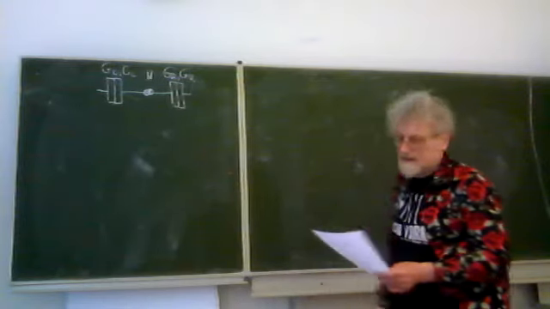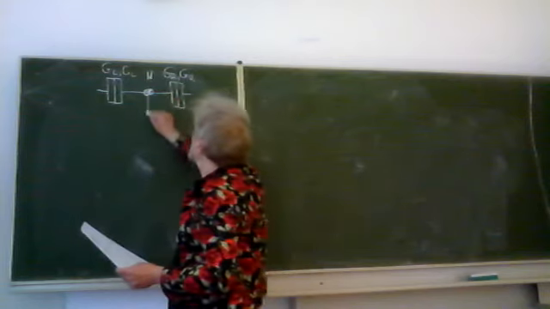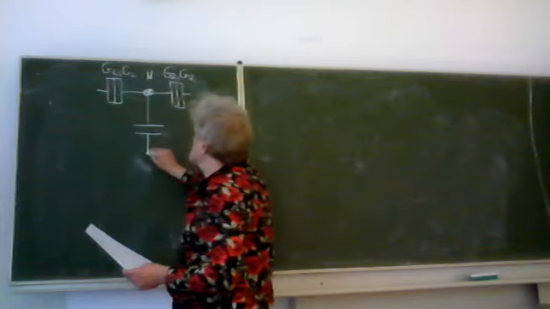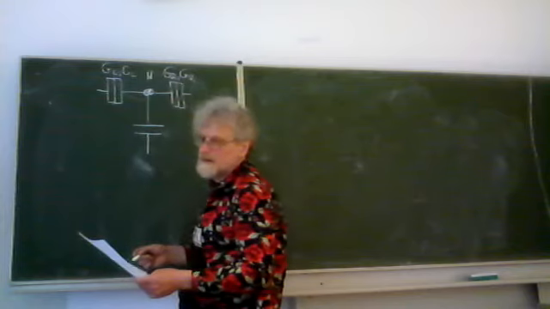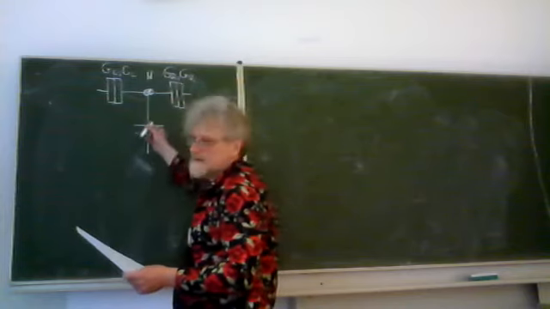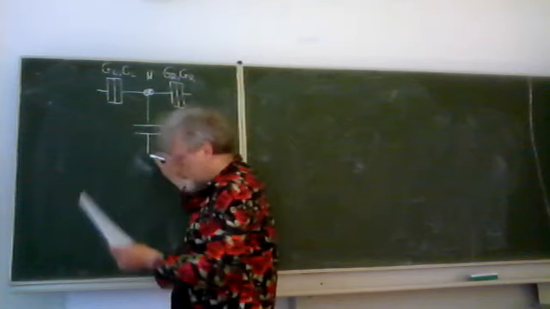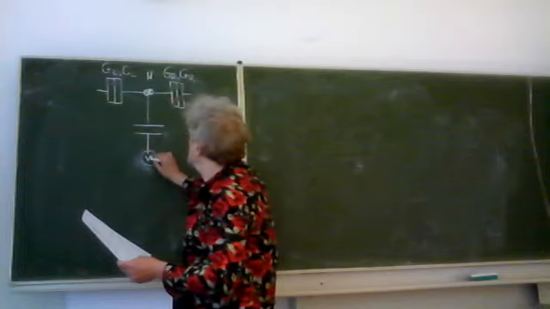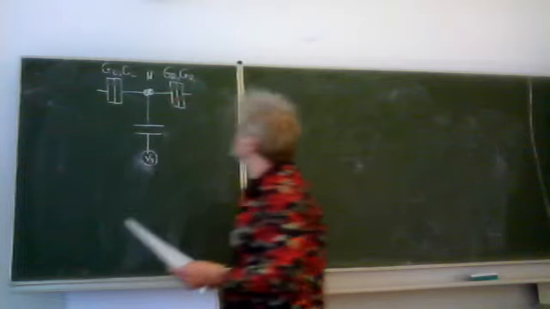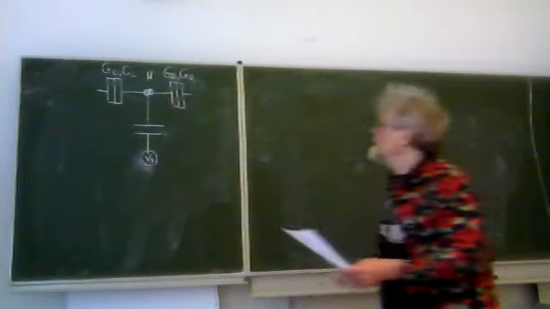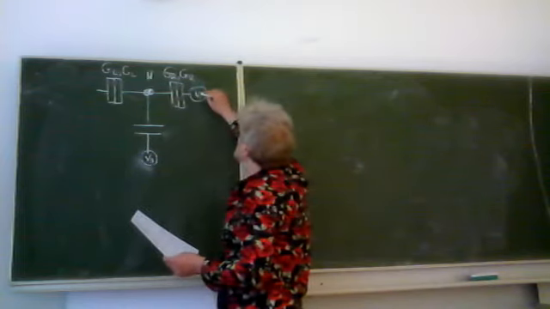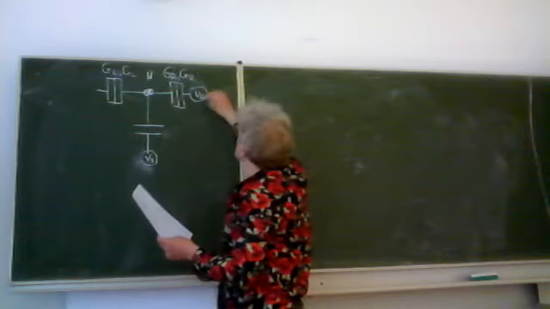And now biasing. First of all, the gate electrode. So here it's a real capacitor, no DC current would flow. Right, biased by VT. And here we have also voltage sources, right?